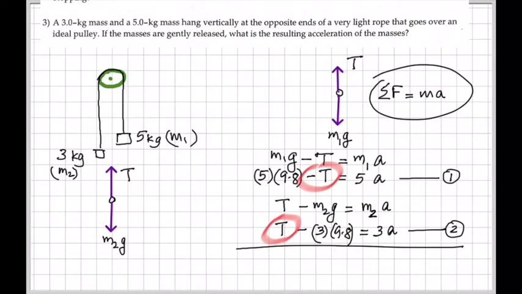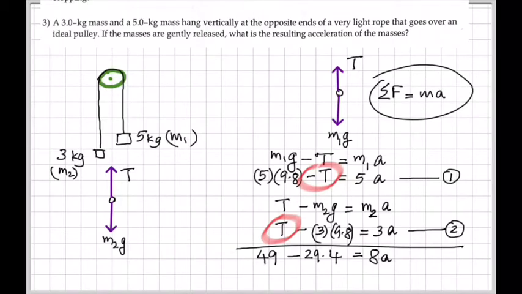And so now 5 times 9.8 is 49. And 3 times 9.8 is 29.4. Am I right? And then on the right side I get what? Help me out. What do I get on the right side? 8 times a.